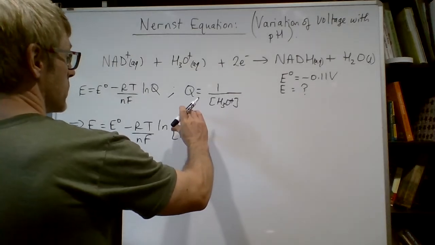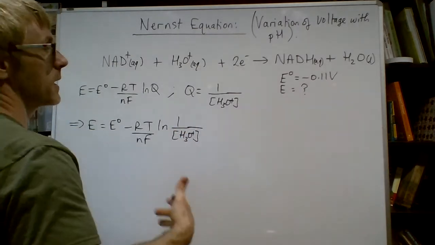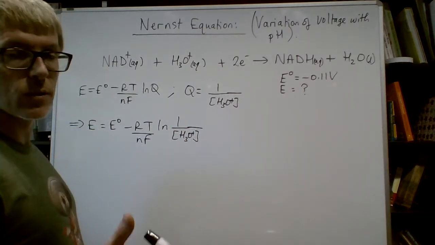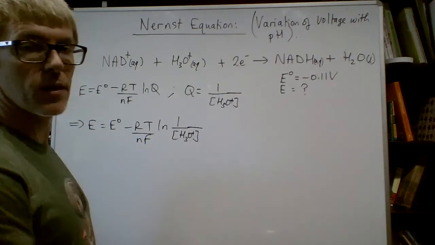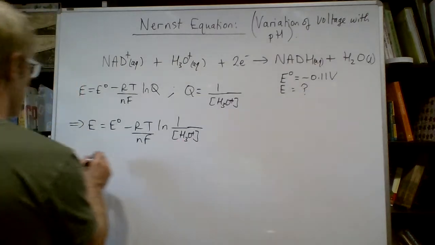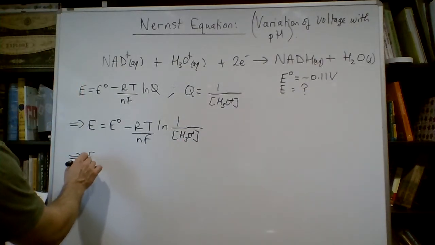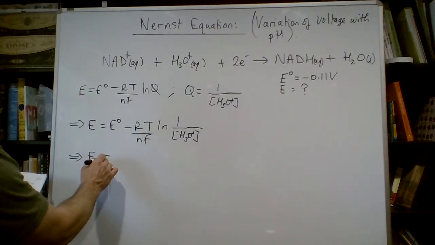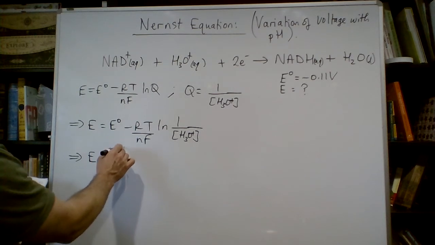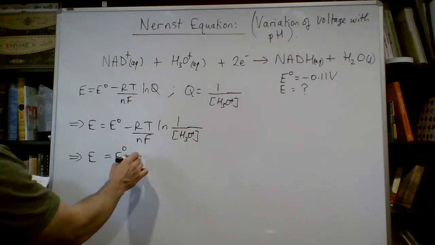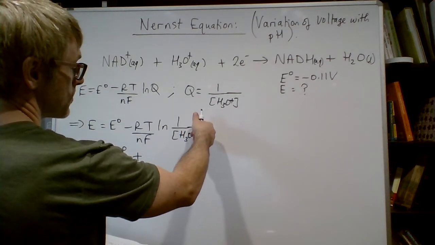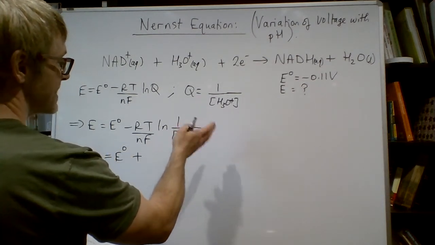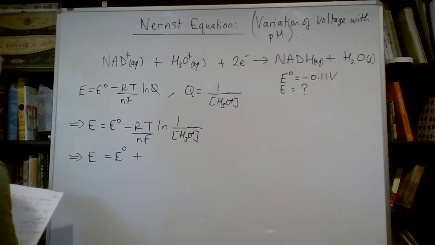Well, I can incorporate my log base change, so convert from log base e to log base 10, and therefore I can use pH. So I can say that E is equal to E standard positive, because ultimately I'm going to invert this, so I'm going to change the sign of my log.